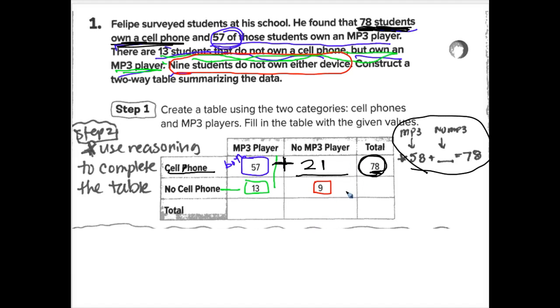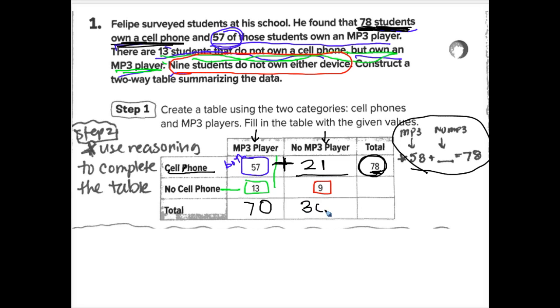At this point, we're just looking at what's empty and what we know that we can fill in. If I have 2 of my numbers, I can come up with the third. So if I look at my MP3 player row, 57 and 13 makes 70. I look at my no MP3 player row, 21 also own a cell phone but no MP3 player. 9 don't have either.